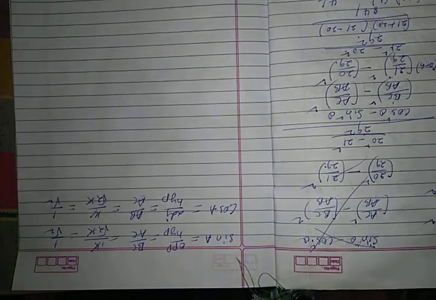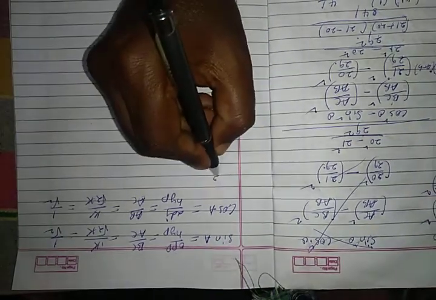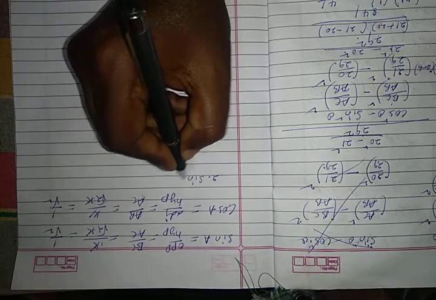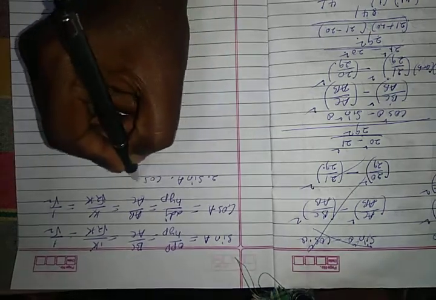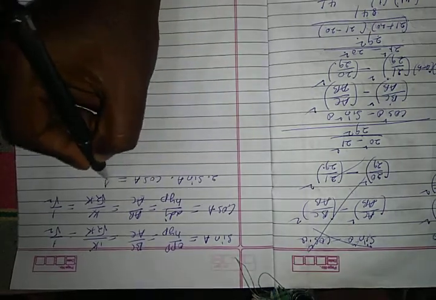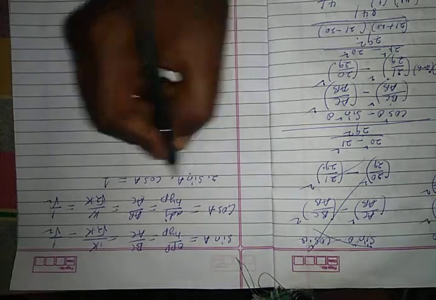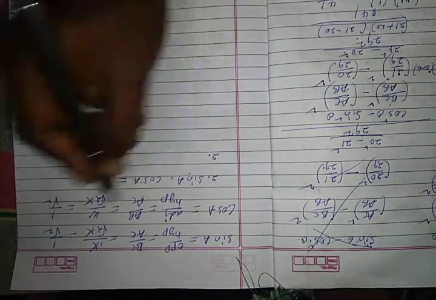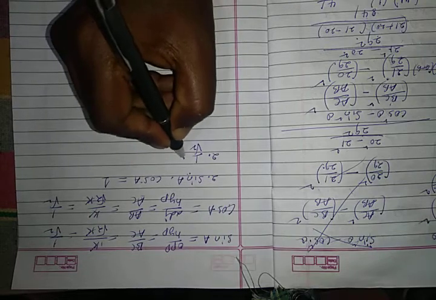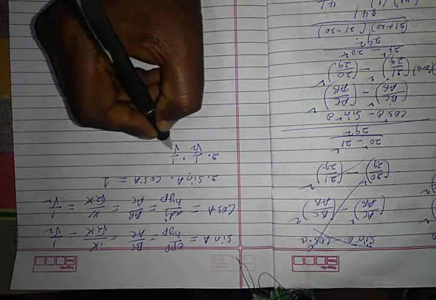So we have to verify that 2 into sin A into cos A is equal to 1. Let us put the values of sin A and cos A. 2 into sin A, which is 1 by root 2, into cos A, which is 1 by root 2.